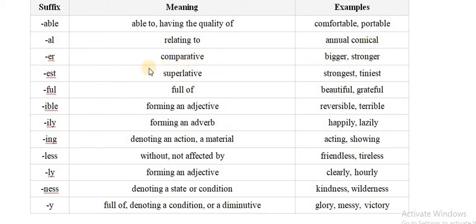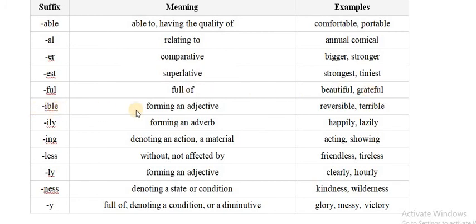Er is the comparative degree. We have learned comparative degree in the previous class, I think. So, bigger, stronger. Est, superlative degree: strongest, tiniest. Ful, full of: beautiful, grateful.